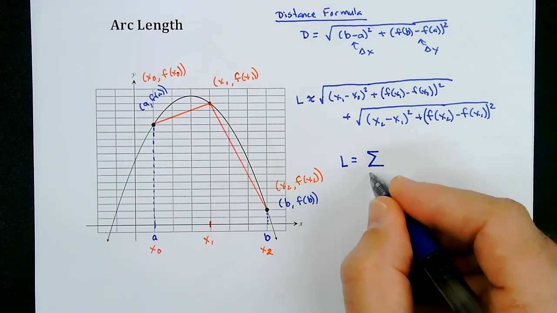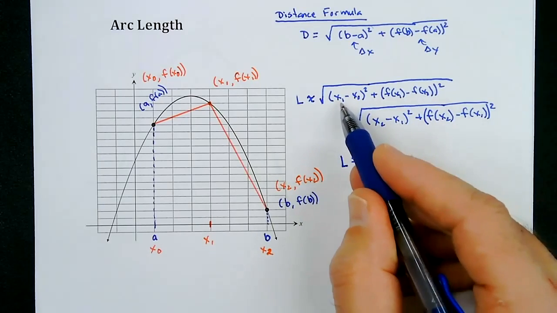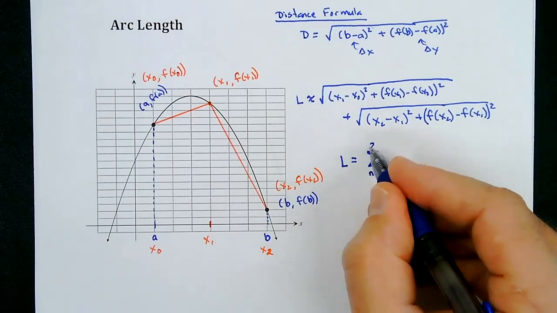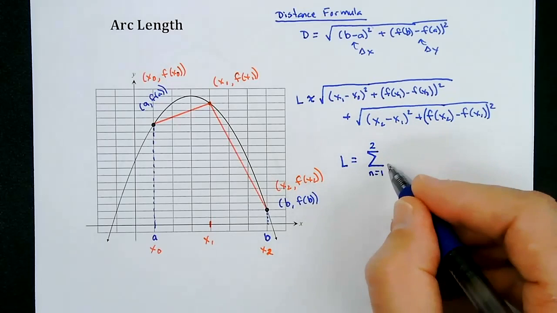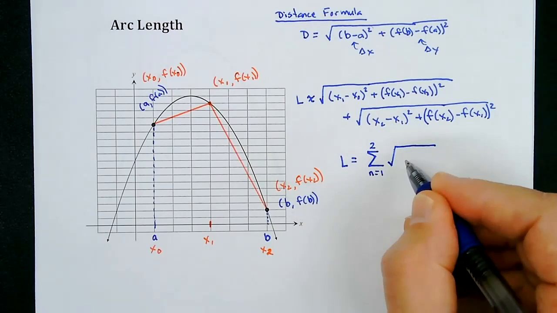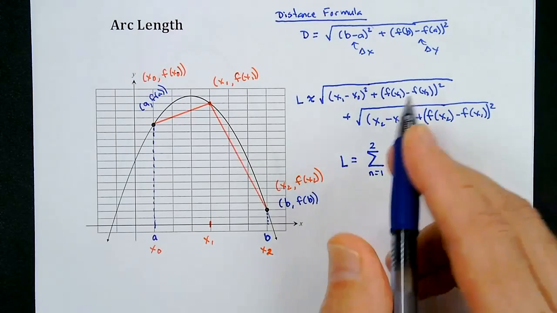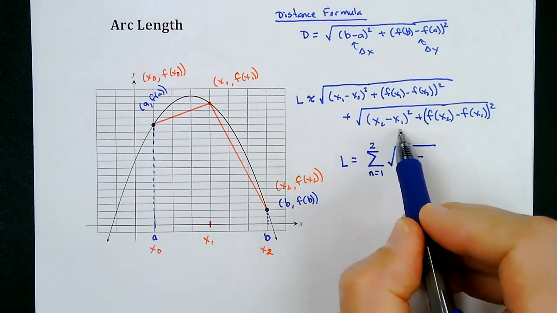And we're going to start it at n equals 1. And for this one, we're going to start it at 1 and we're going to end it at 2. And it's going to be the square root of x sub n minus, now notice this one is 1 less than this one, right, each time.